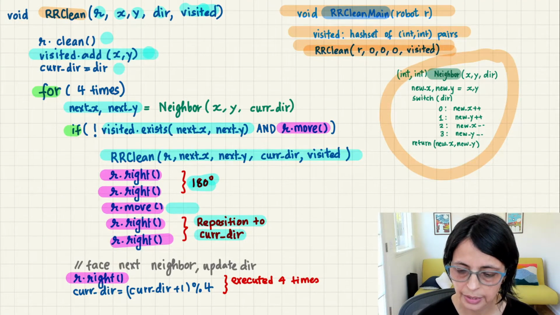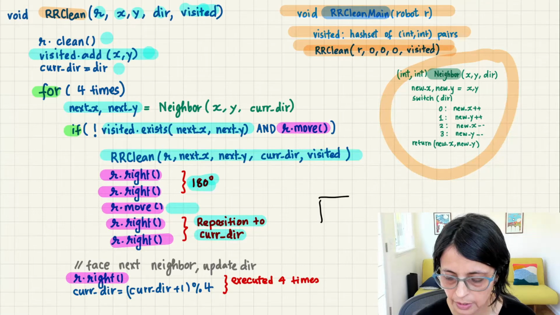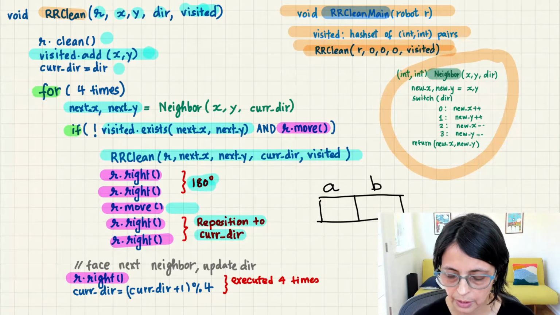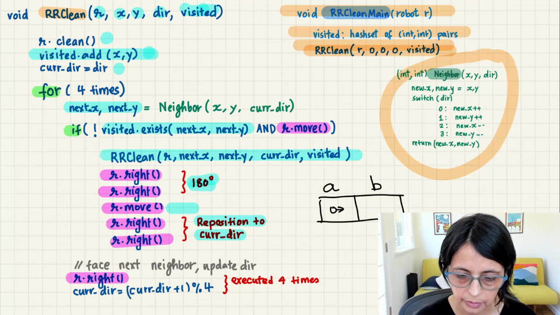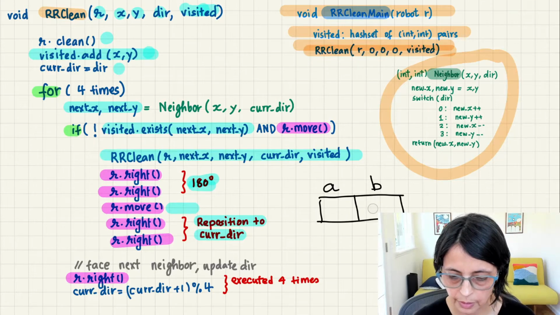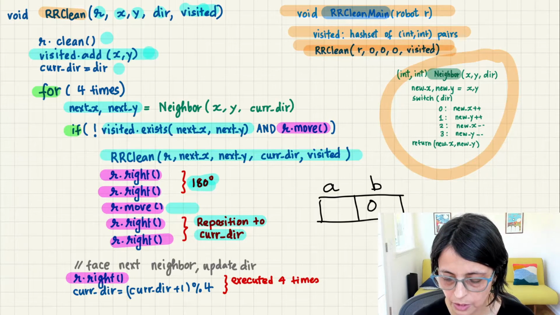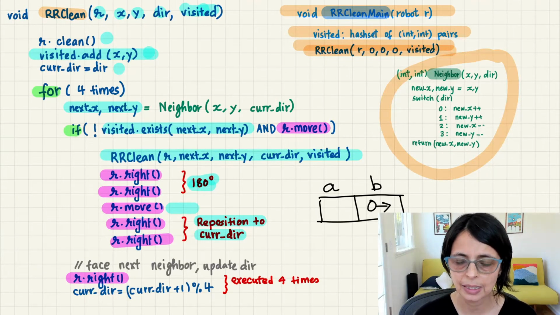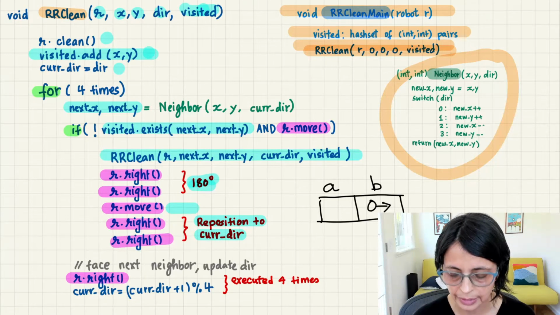Okay, so let me draw this out a little bit here. If this is cell A and this is cell B, the robot was facing this direction and then it went to B, okay? And then at B, it was facing this direction. It did its business at B. Now the business is completely done.